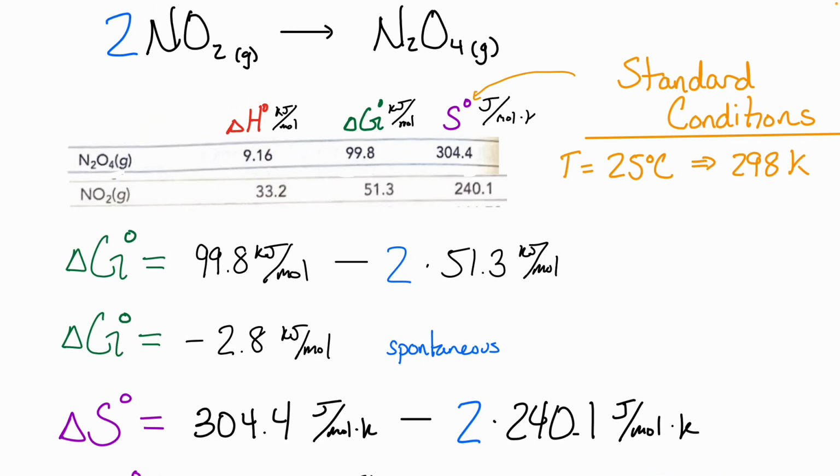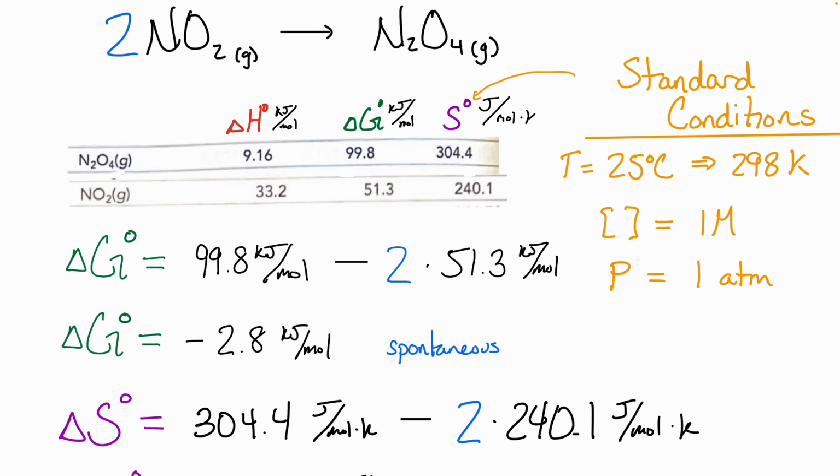It turns out that standard conditions is even more stringent than that. Not only does it dictate what temperature it's at, it also means that your concentration of every species is at 1 molar, or the pressure of any gas is at 1 atm.